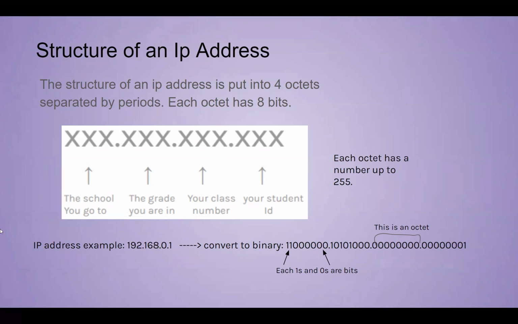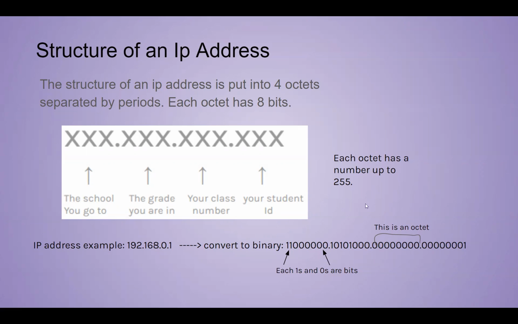Each octet has 8 bits because when you convert the number to binary, you have 8 digits. For example, when you convert 192 to binary, you'll get 2 ones and 6 zeros. 2 plus 6 is 8, so there are 8 bits. Similarly, 168 is this string in binary, and that is 8 bits. 0 is this, and 1 is this.